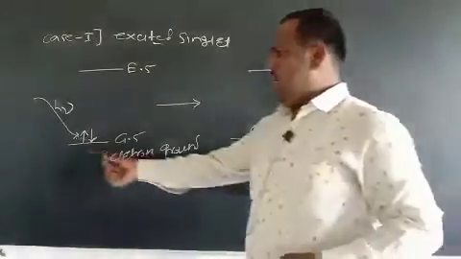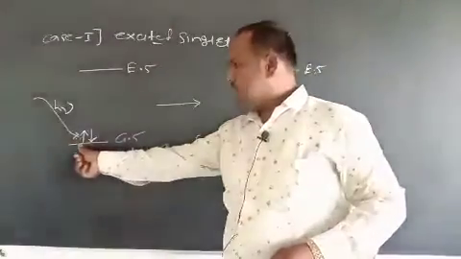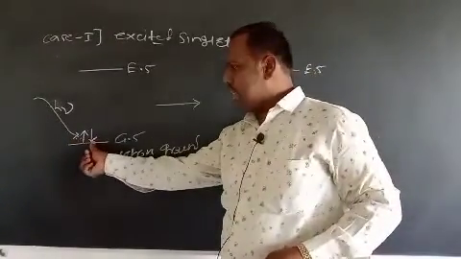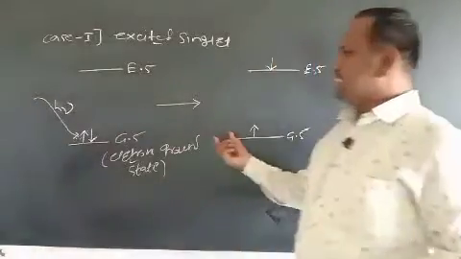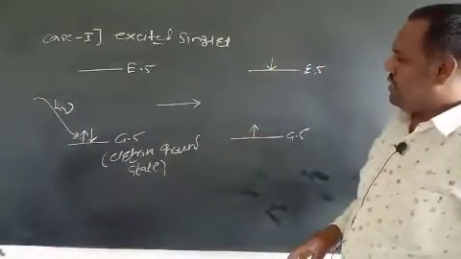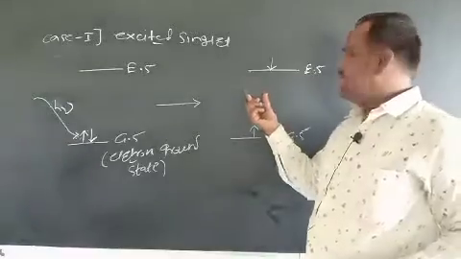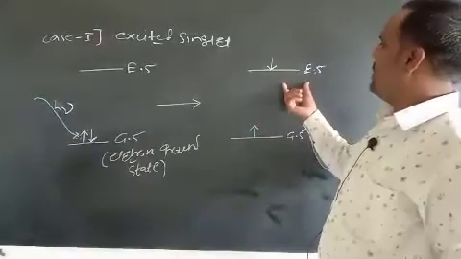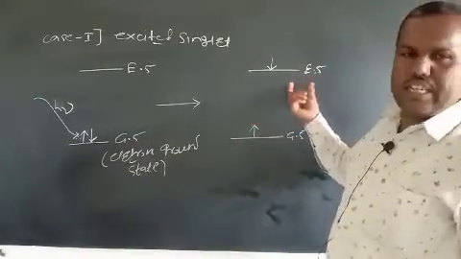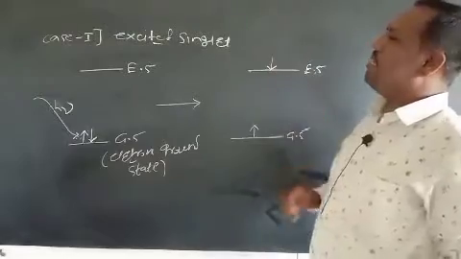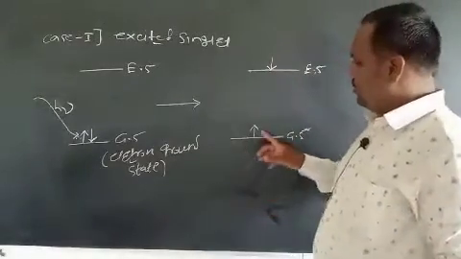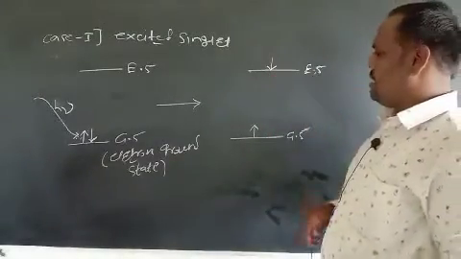So this electron has a spin plus half, and this electron has a spin minus half. In this case, by absorption of light radiation, the electron goes into the higher electronically excited, higher energy state, but its spin does not change. So the spin remains minus 1/2.